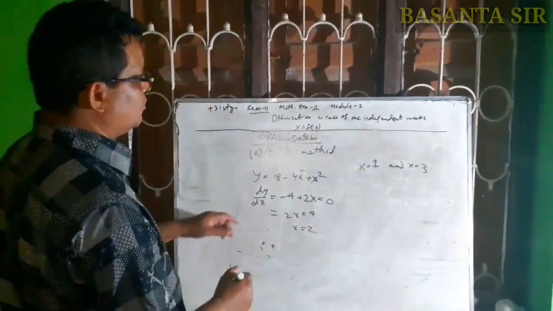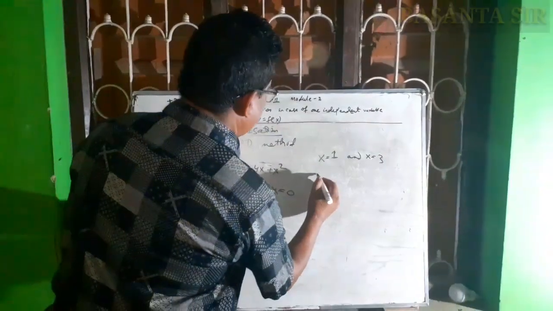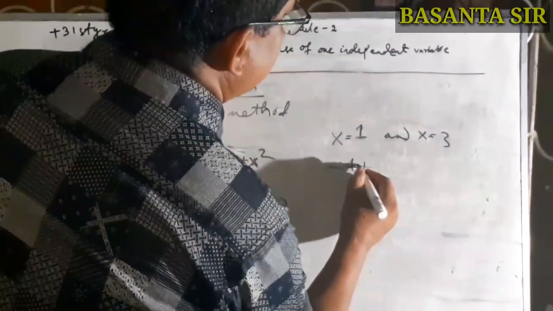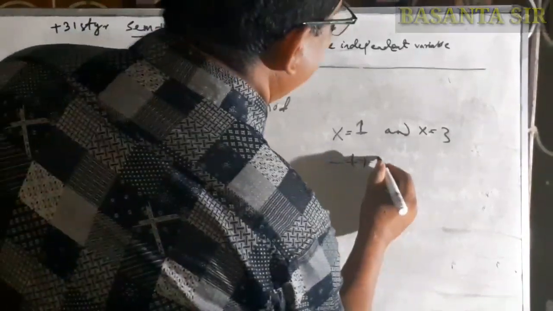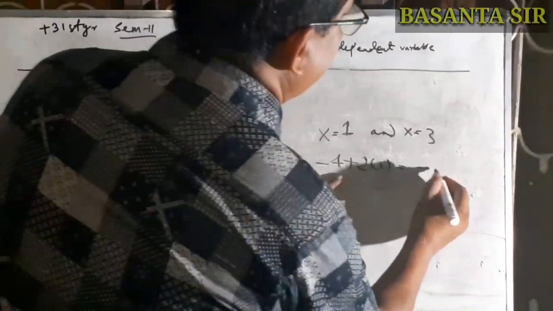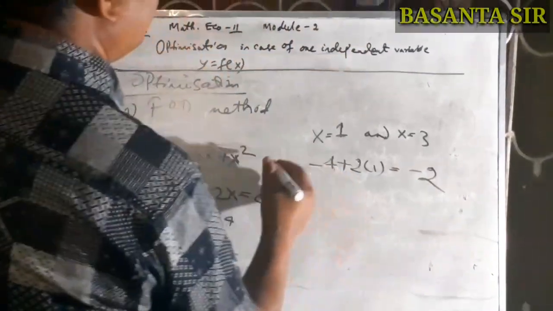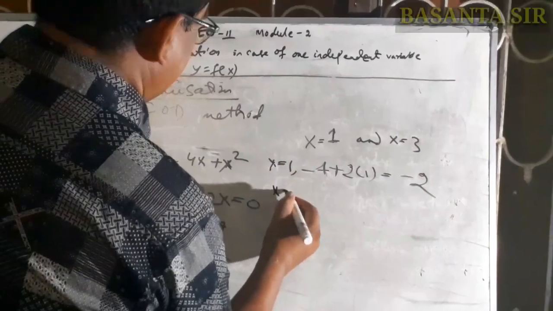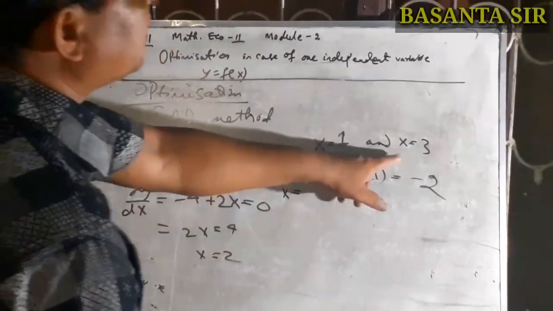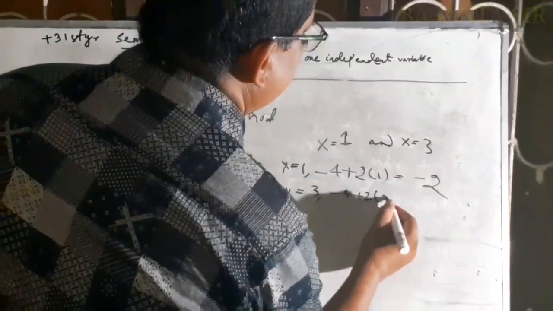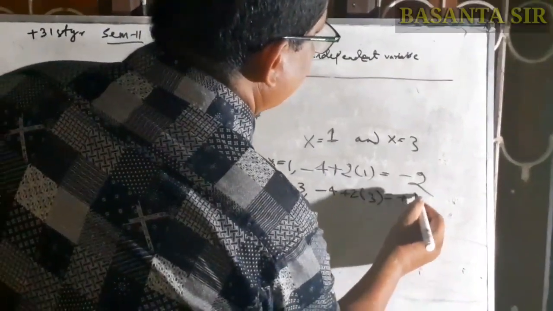Now putting the value in the first order derivative, minus 4 plus 2 into 1, what we find is minus 2. Putting x equal to 3, minus 4 plus 2 into 3 gives plus 2.